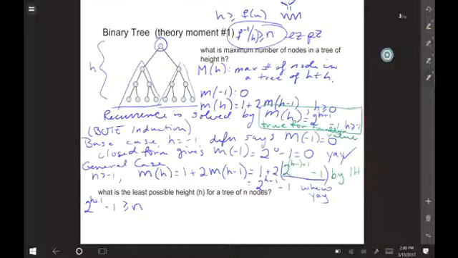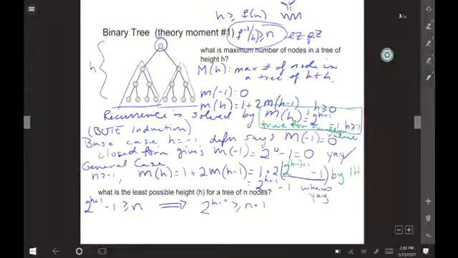But now, when did you learn to do this? Is this Algebra 1 maybe? Now we're going to turn this around and get, oh, this implies n plus 1 is less than or equal to 2 to the h plus 1.